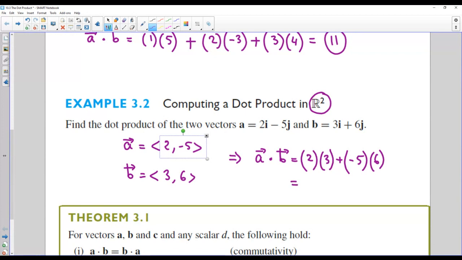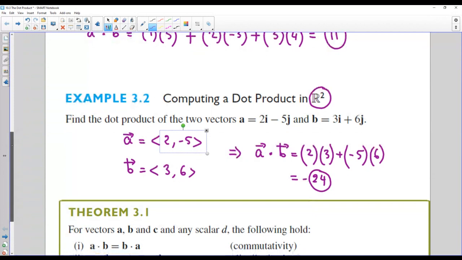And you do this, so it's going to be minus 24. Minus 24 is the dot product of these two vectors. Okay, good. So that's basically what the dot product is.